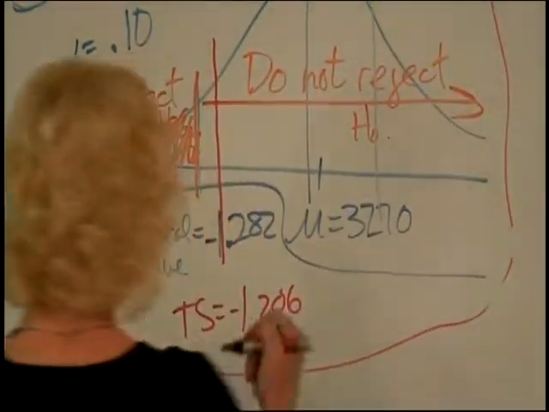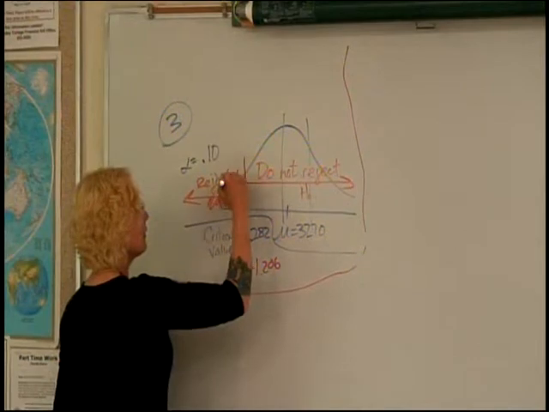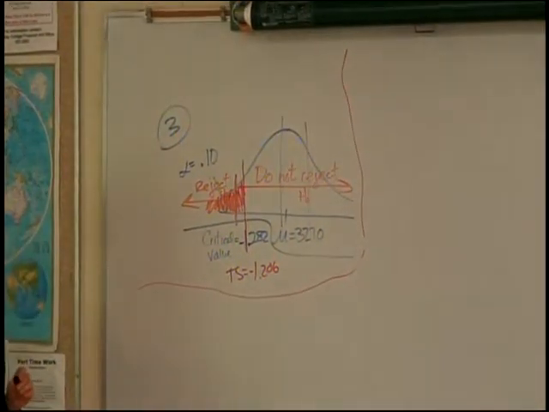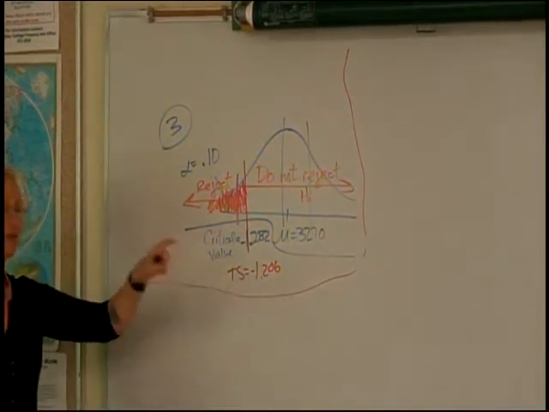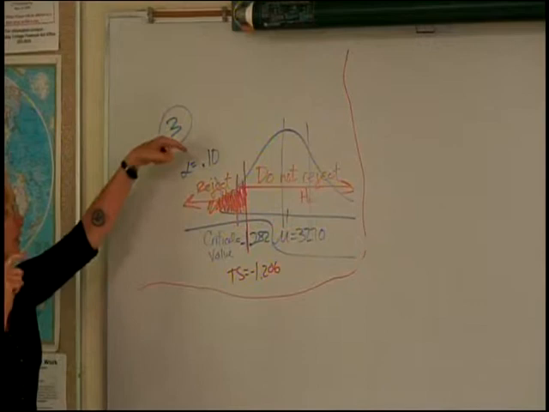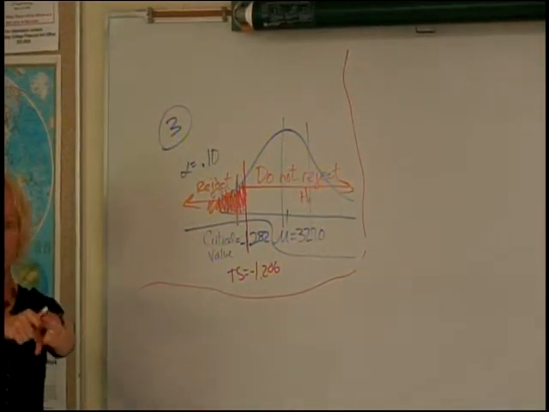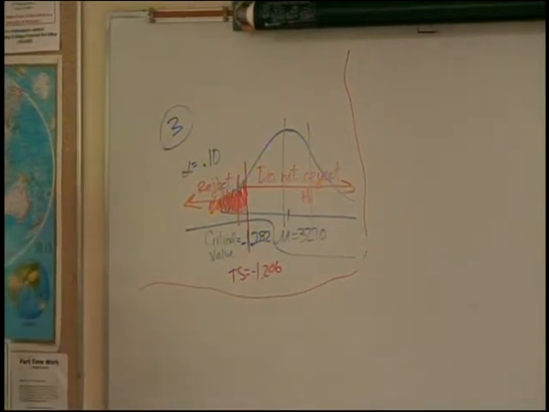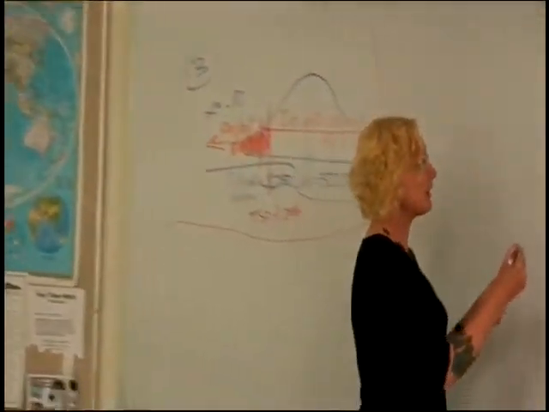And the p-value would be the probability beyond the test statistic. So the p-value corresponds to the test statistic like alpha does to the critical value. But instead of comparing the critical value and the test statistic, now you're comparing the alpha and the p-value. Okay?